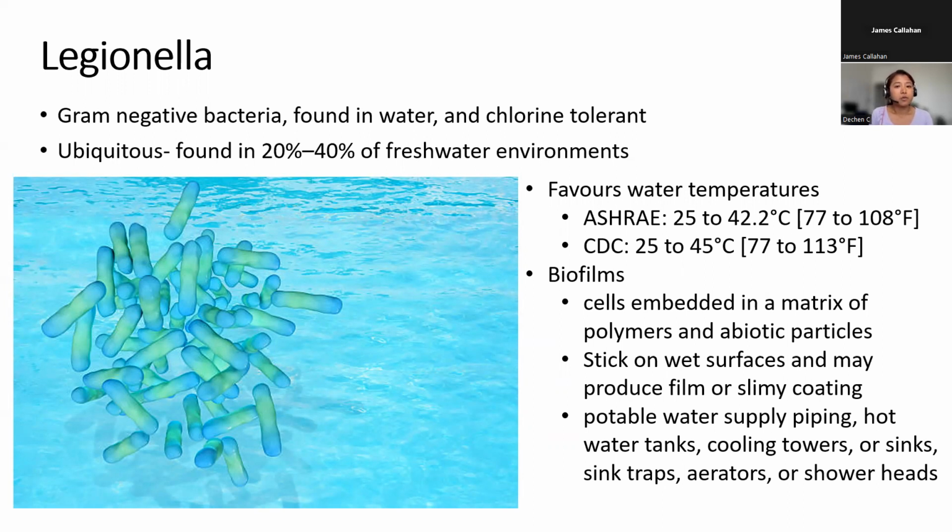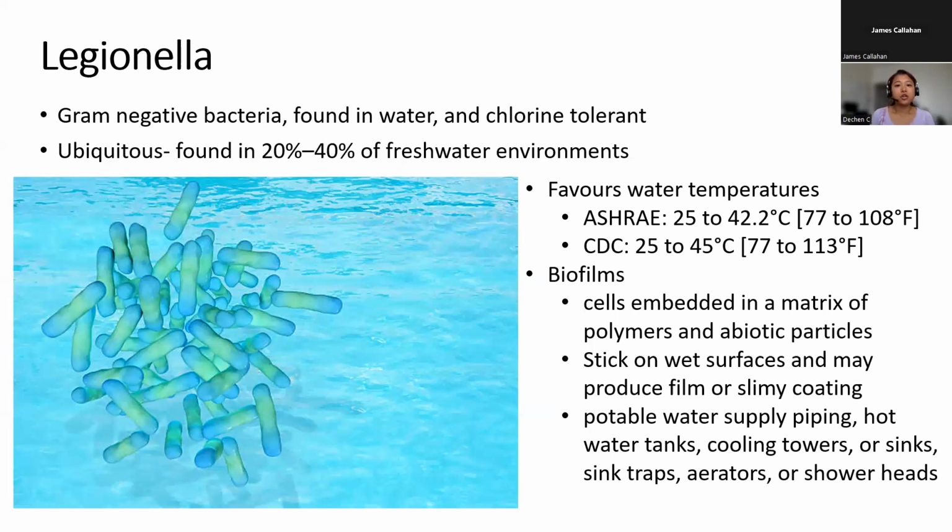Legionella tends to favor warm temperature for growth, and according to ASHRAE, the American Society of Heating, Refrigerating, and Air Conditioning Engineers, who provide lots of guidelines and recommendations, water temperatures between 25 to 42.2 degrees Celsius support the growth of Legionella, whereas CDC reports 25 to 45 degrees Celsius.